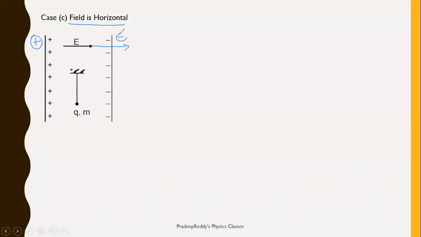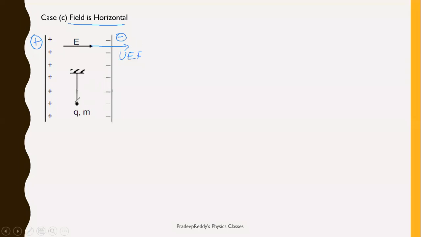Field lines are always directed from positive to negative, and this is a uniform electric field. In this uniform electric field, I am placing a charged particle. But the only difference is that the field is horizontal.